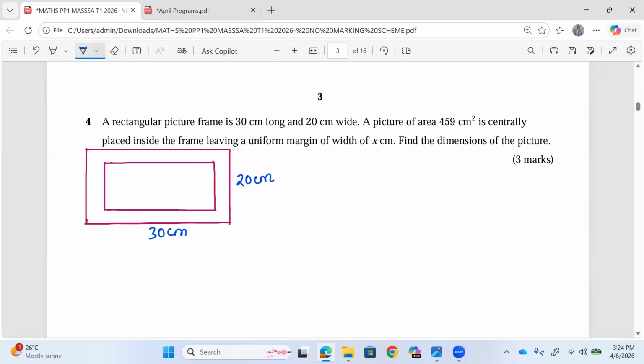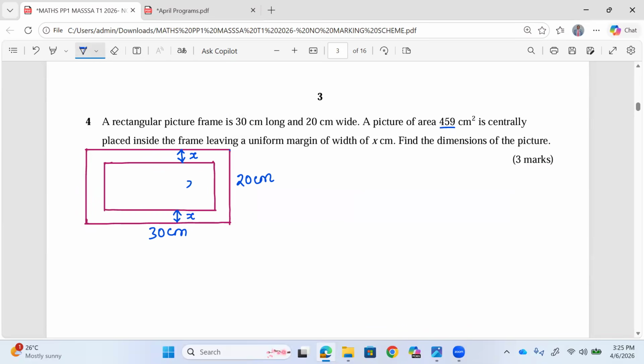Something else that we're supposed to know is that we have a length of x at this point, and at this other point we are also having x. Meaning that for the picture itself, the total for the frame was 20, but now we are subtracting x and x on the lower side.